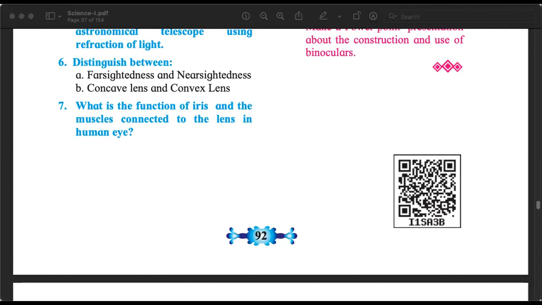Second part of the question is muscles connected to the lens. First of all, tell me what is the name of these muscles. Look at the textbook if you don't remember, but give me the name.